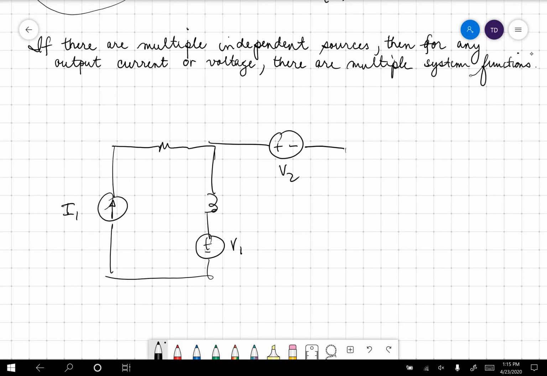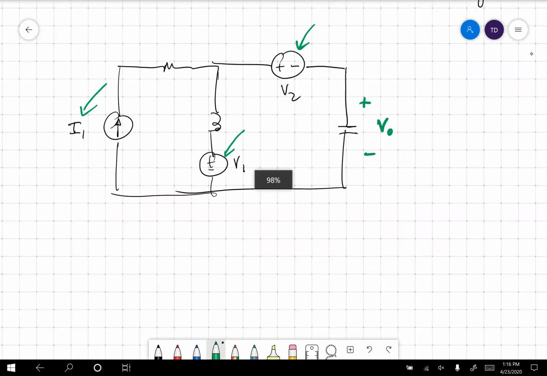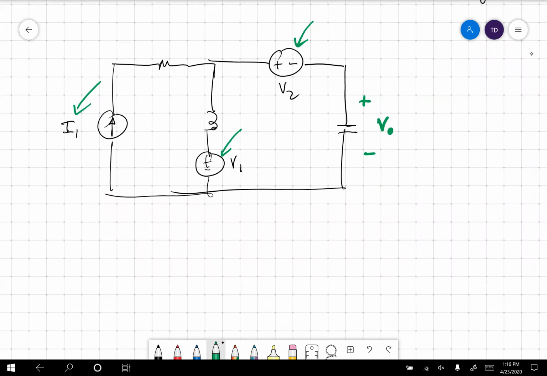V2, capacitor here. Okay, now I don't care where you want the output, so I'm just making it up. I don't care where you want it. Let's just pretend the output that we want is right here. We want that V out. We know that we can find V out by finding the three terms in the output. One that comes from this, one that comes from this, and one that comes from this. We know we can do it independently, and that's called superposition. And we've done superposition several times.